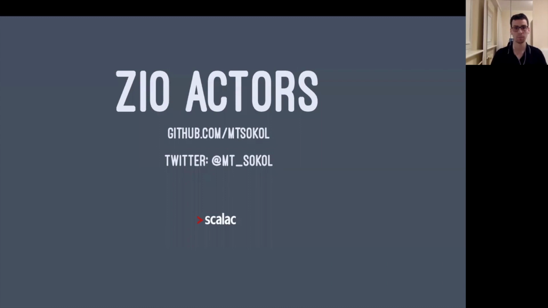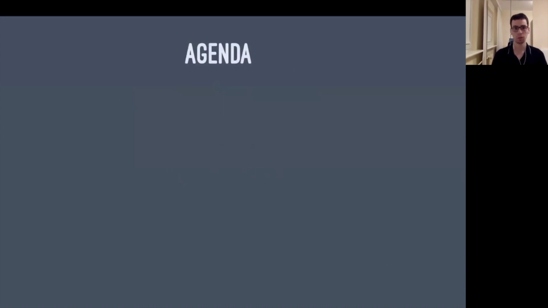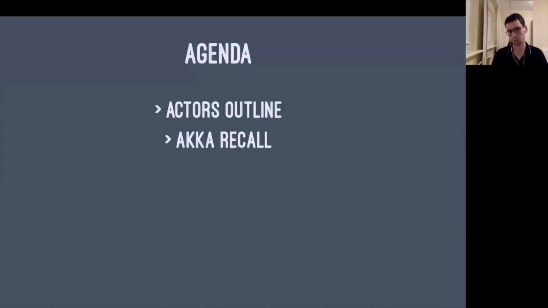So let's start. First, I would like to talk about the agenda. First, we're going to look at the general outline of the actor model, just to recall it in 2 slides. Then I will move to Akka to recall it in 1 slide, the general API design.